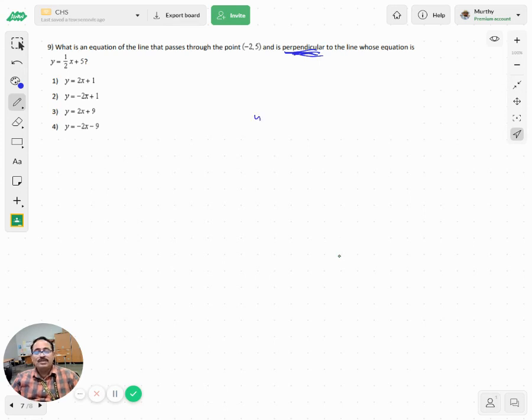So the given equation is y equals half x plus 5, then here you know that y equals mx plus b, so slope equals 1 over 2.